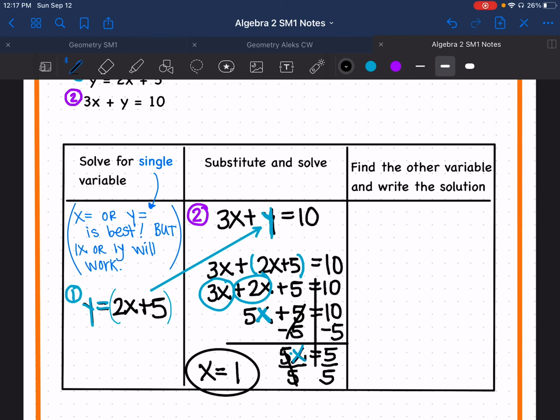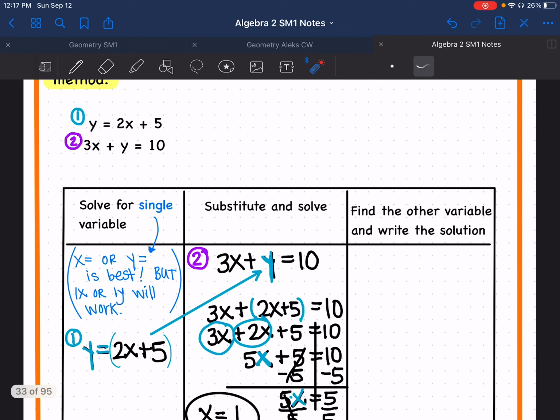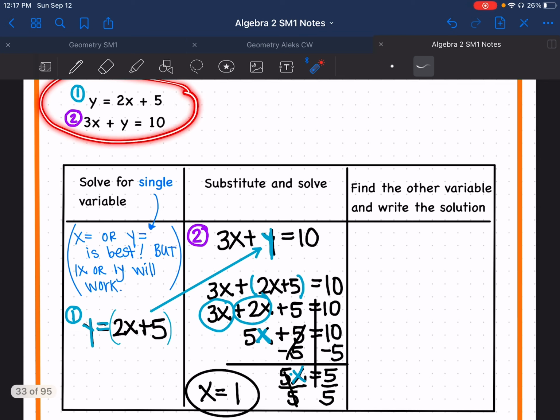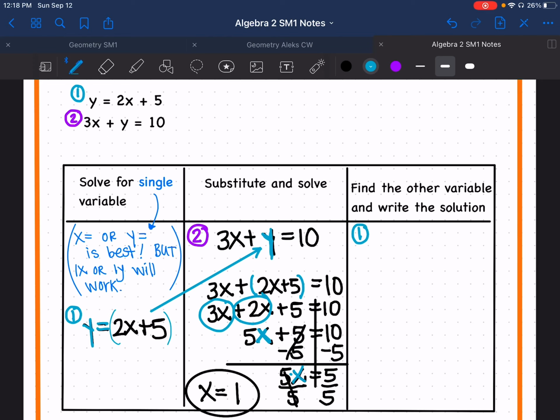Now it is completely my choice. I'm going to take my answer and plug it back into one of the two original equations. I think I'm going to choose equation number 1 because y is already by itself. So I'm going to say y equals 2x plus 5.